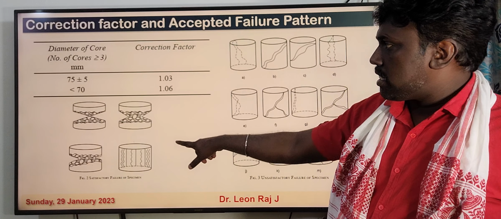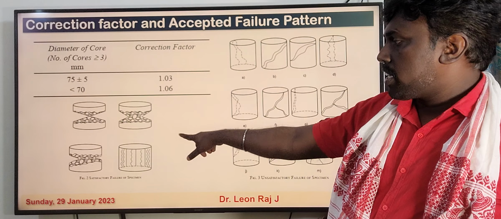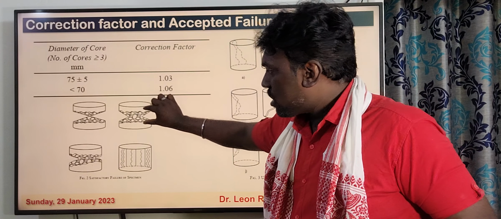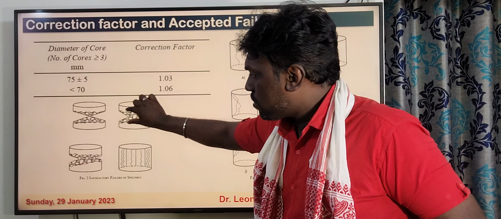Here the satisfactory failure pattern of a concrete core specimen is given. Only the concrete core's mid portion should be subject to any type of failure, shear or splitting, whatever the type of failure may be.